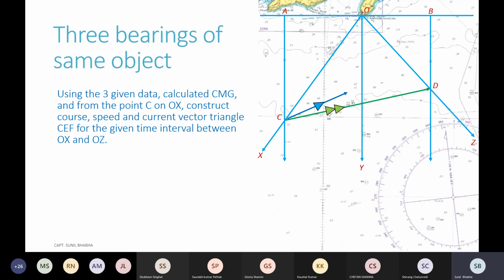So we will be marking the current vector now. This leeway track vector which we have made, the blue color vector, we have to make sure that the length of this vector is corresponding to the distance traveled by the ship between the first bearing line and the third bearing line.